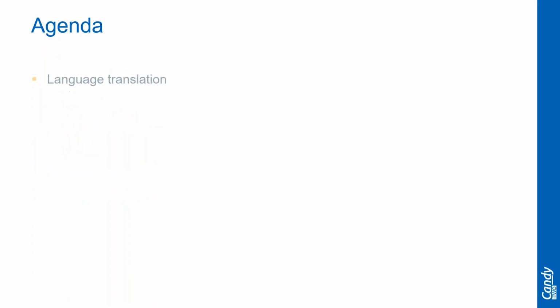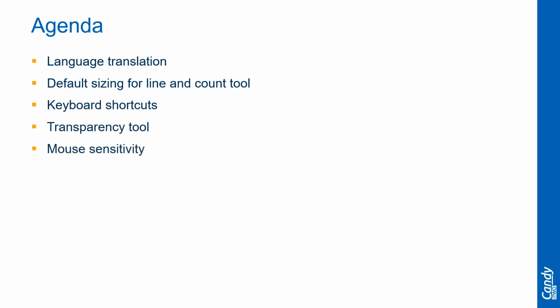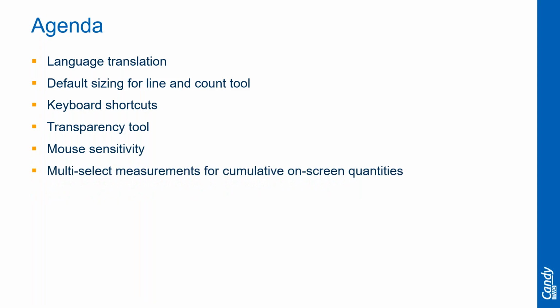We will also look at the language translation, the default sizing for line and count tools, the keyboard shortcuts, the transparency tool, the mouse sensitivity, and the multi-select measurements for cumulative on-screen quantities.